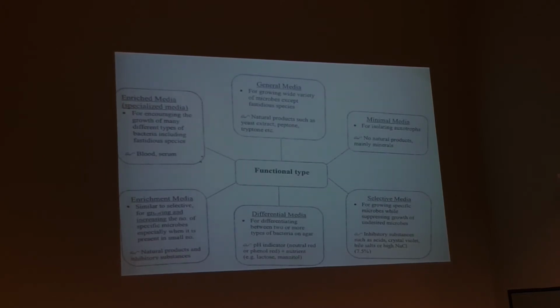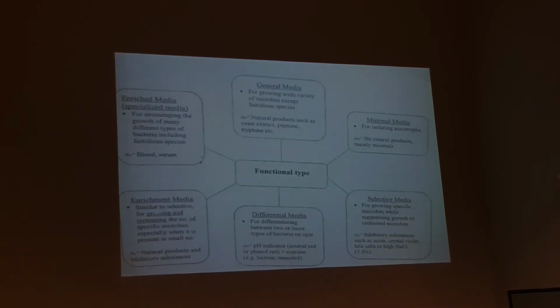Remember that word non-halophiles? We touched on it last term. It promotes the growth of halophiles. This can be found inside your notes as well. So you need to remember the different types of inhibitory substances and how they make the media selective. Those are the things that you need to know.